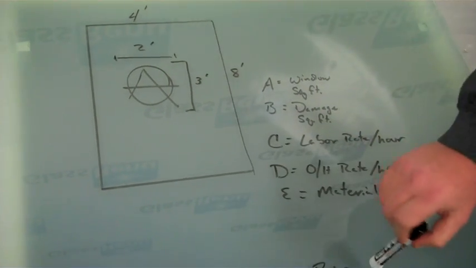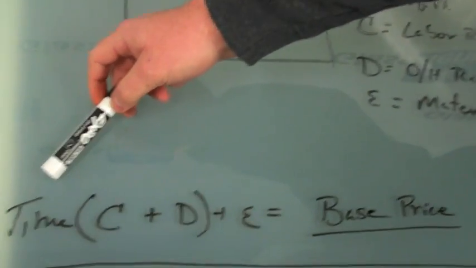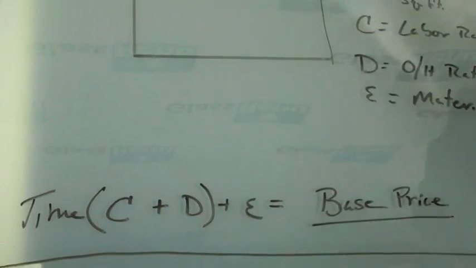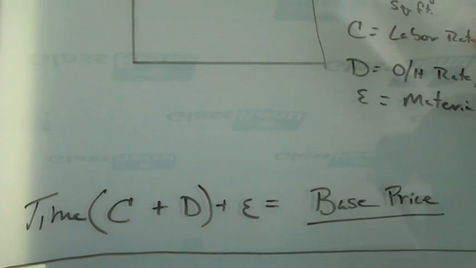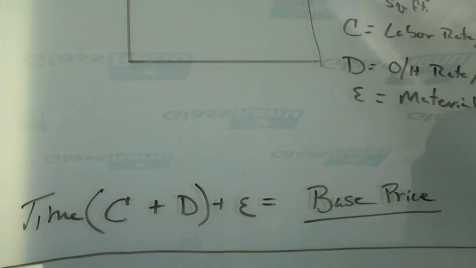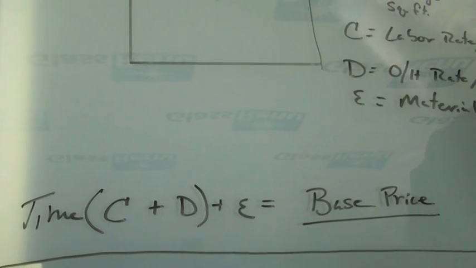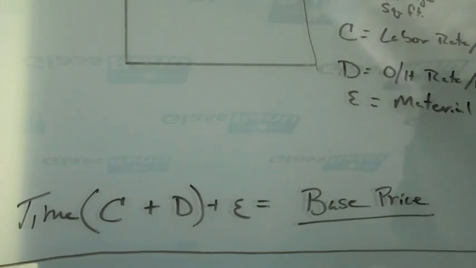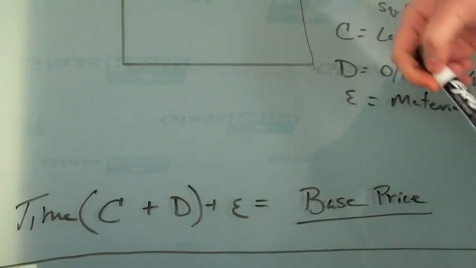So, to figure out the base price, what we're going to do is take the time to do the job. Now, we tell people on average, that obviously varies by the user, for most users that are new, in the first couple of months, they're going to be able to do somewhere from 10 to 15 square feet an hour of this type of damage. But different jobs are going to require a different amount of time.